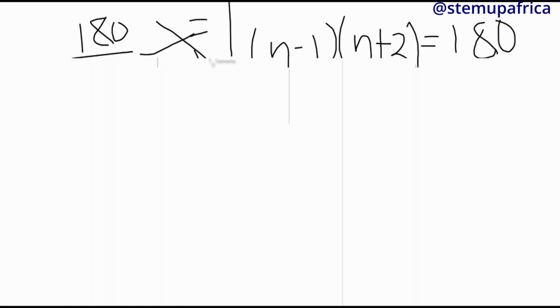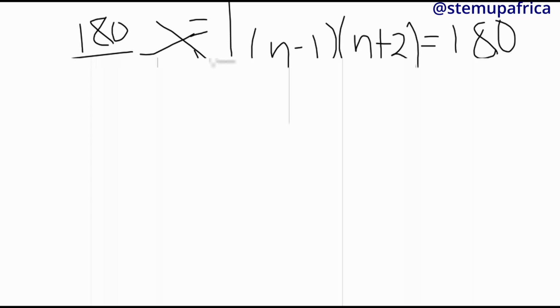So let's think of the factors we can get. What can we multiply to have minus 182, which if you add, we have plus 1?